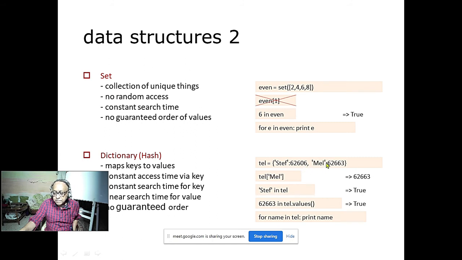So you can get the value, the number, automatically from the key. There are no duplicate keys in a dictionary. The value can be duplicate, but the key cannot be duplicate. You can search it like this.